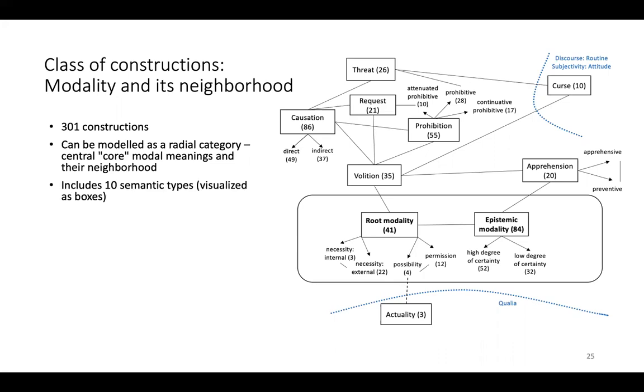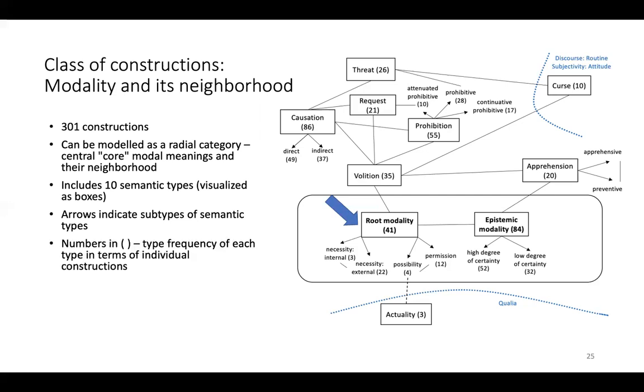In the diagram, general semantic types of constructions are visualized as boxes, and their subtypes are indicated with arrows. For example, the semantic type root modality has 4 subtypes corresponding to participant internal and participant external possibility and necessity. Numbers in parentheses are type frequencies of each semantic type and subtype.